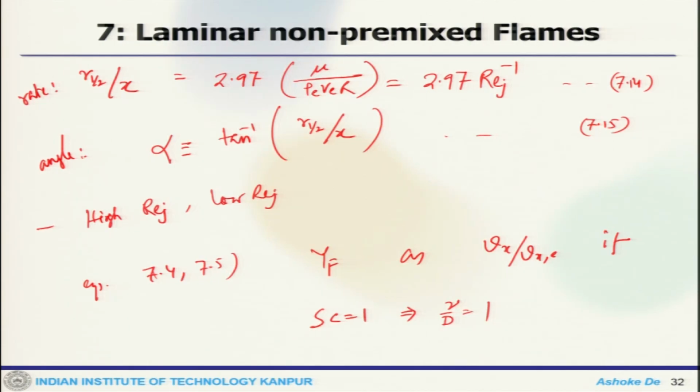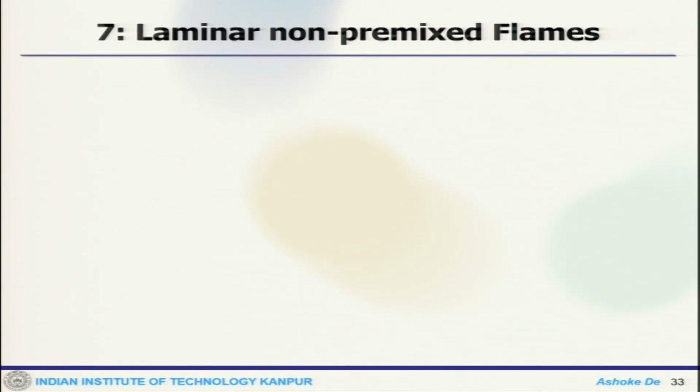Now, if that is the situation, we can find out the functional form of the solution for Y_F. So, the functional form of Y_F is identical to Vx by Ve.